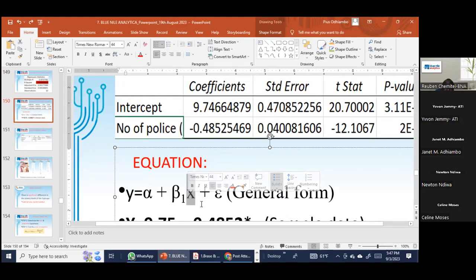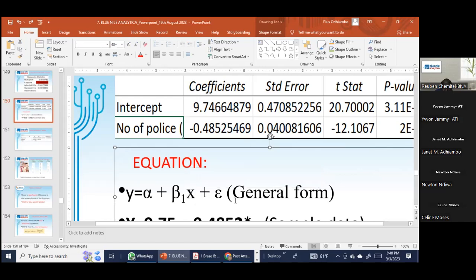In situations where we have multiple regression, it means that there are many variables, x1, x2, x3, and so forth, explaining the dependent variable, which is y.